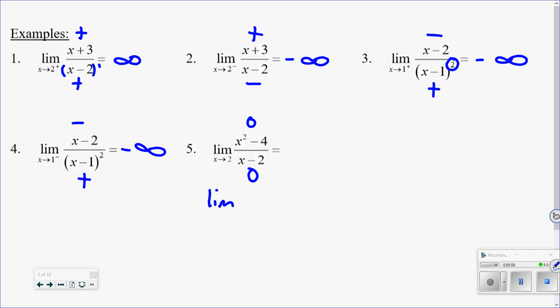Have the limit as x approaches 2 of x minus 2 times x plus 2 all over x minus 2. Okay, well those reduce out. Now try plugging 2 in again and we get 4. So just be careful. Again, if you get 0 over 0, it's not a vertical asymptote, more than likely anyway. It's usually going to be a hole in the graph.